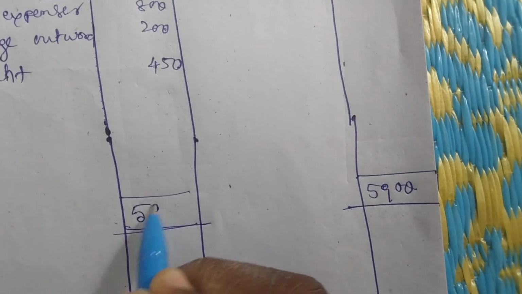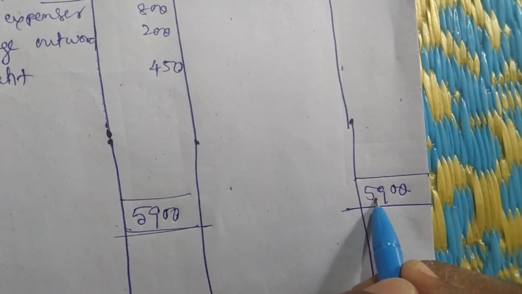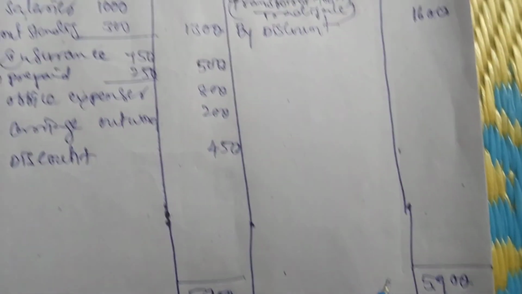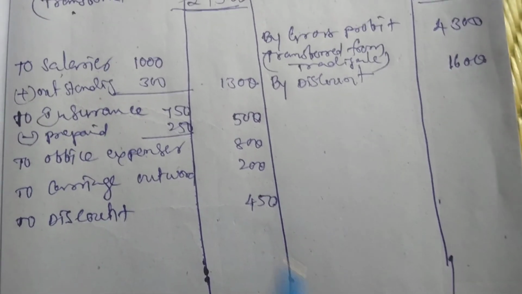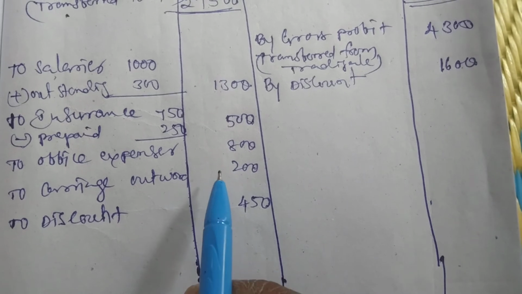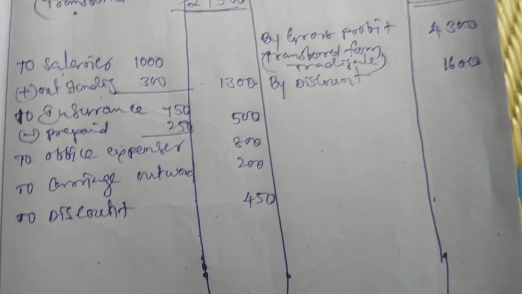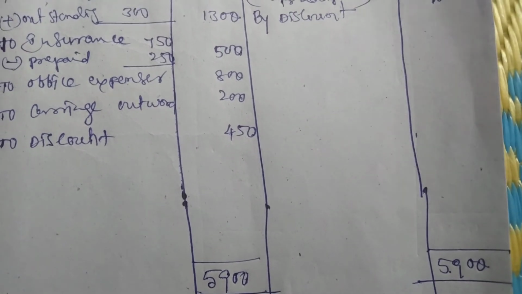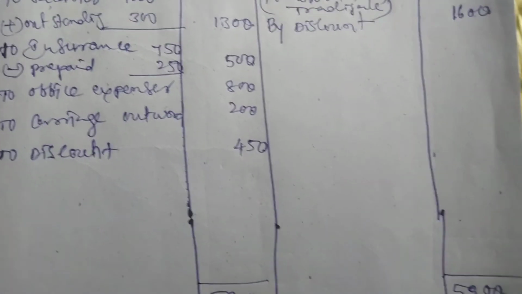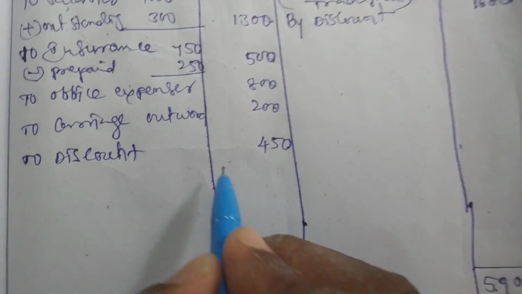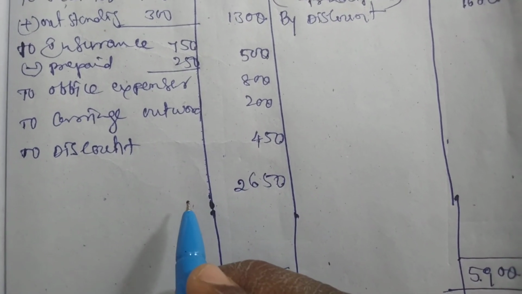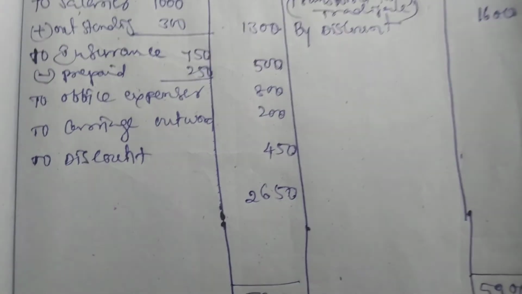Why? Because the higher amount is recorded in both sides. Now these 1,300, 500, 800, 200, 450 are deducted from the 5,900. So the remaining amount is 2,650. So that is called net profit.